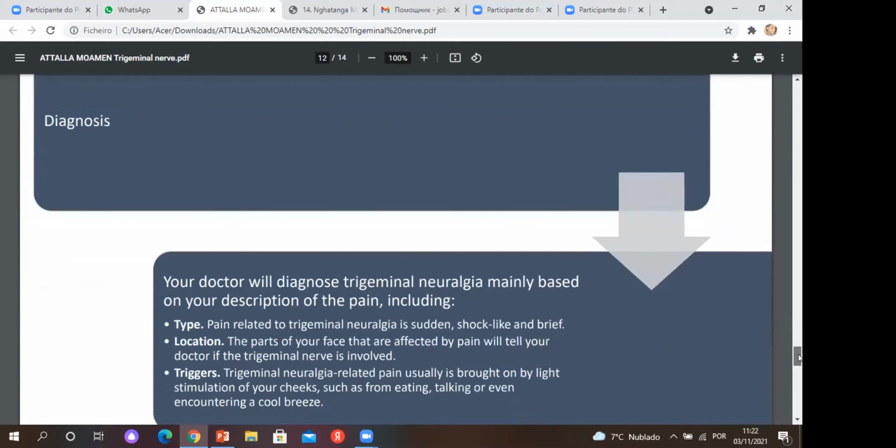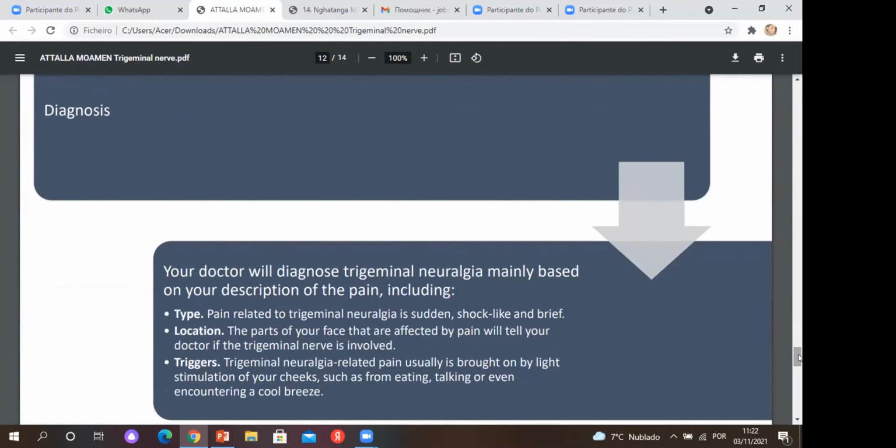We will speak about diagnosis. Your doctor will diagnose trigeminal neuralgia mainly based on your description of pain. This includes 3 steps. First one, the type: the pain related to trigeminal neuralgia is a sudden, shock-like and brief.